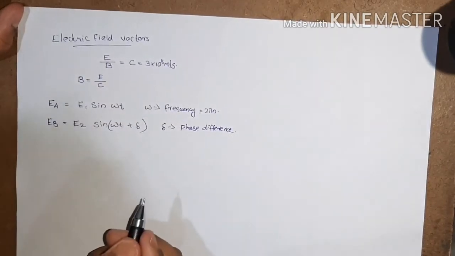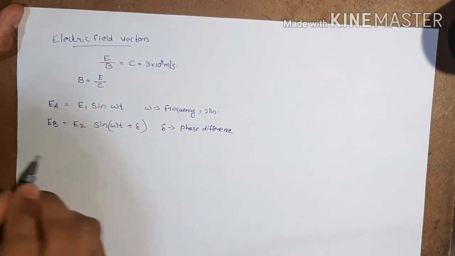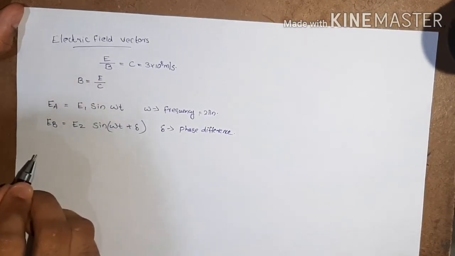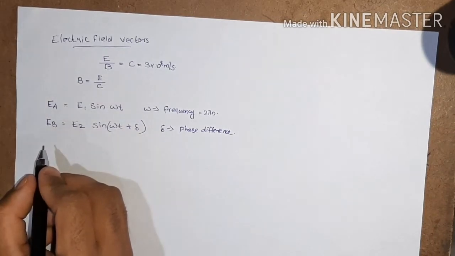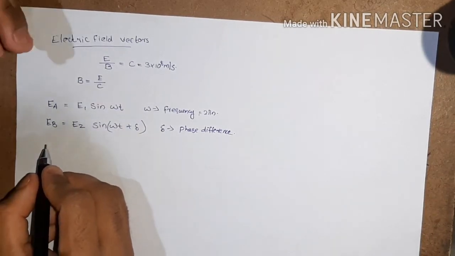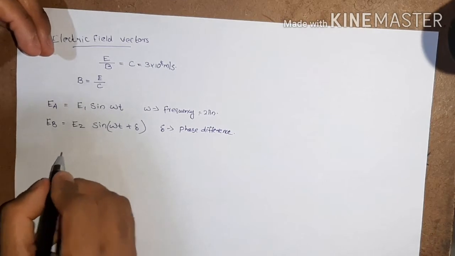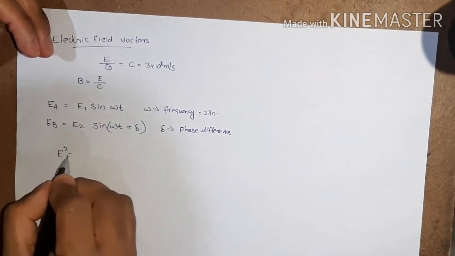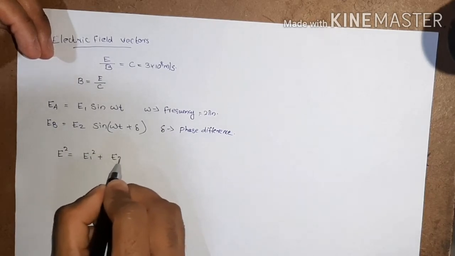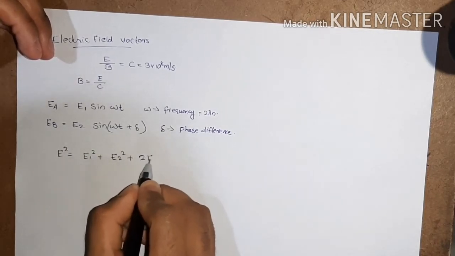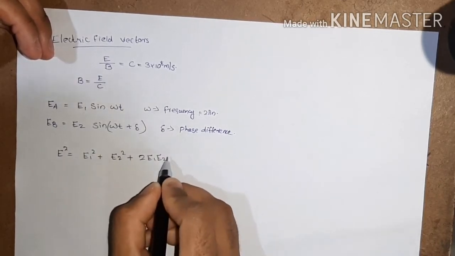Now if these two waves are superposing, you will get a superposed or resultant wave, and the intensity of the electric field vector of the resultant wave will be E square is equal to E1 square plus E2 square plus 2 E1 E2 cos delta.